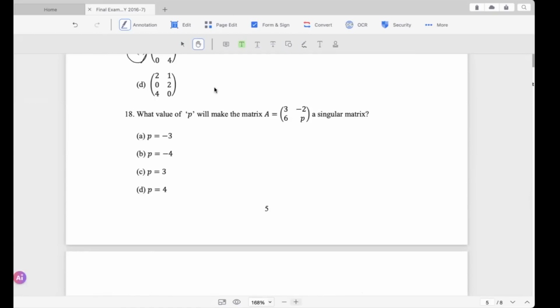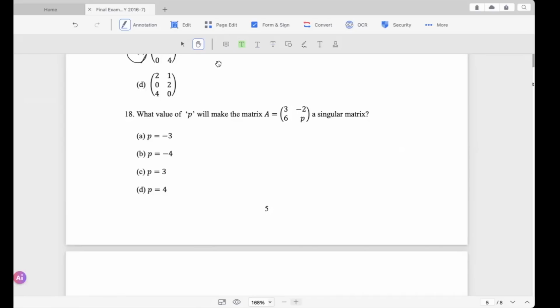What value of P will make the matrix singular? So I'm hoping you know what is a singular matrix. A singular matrix is where the determinant is 0.